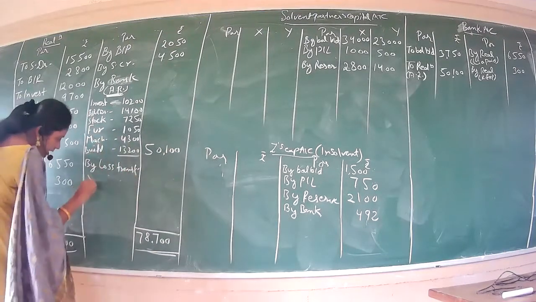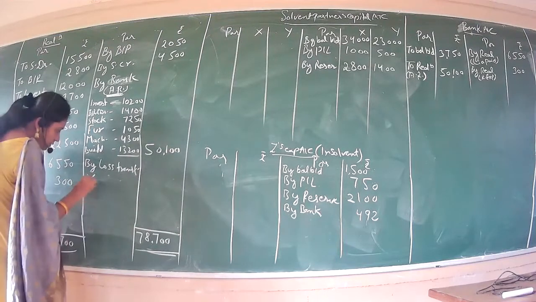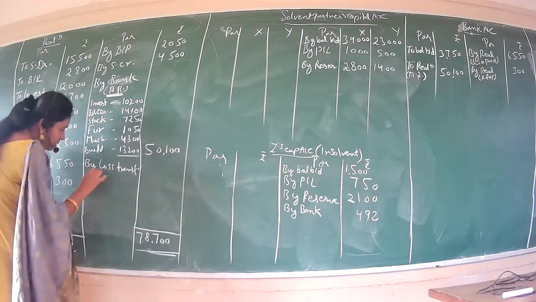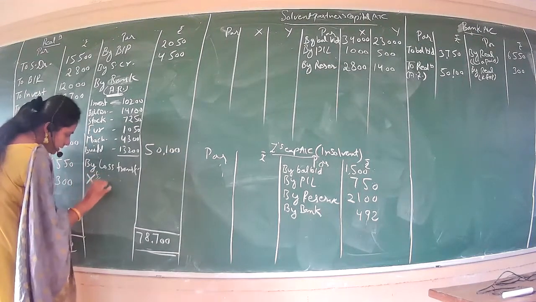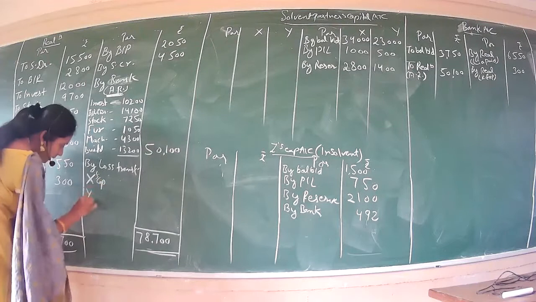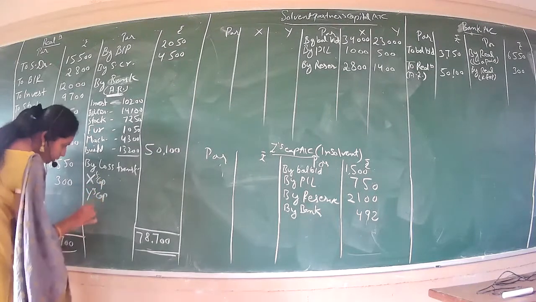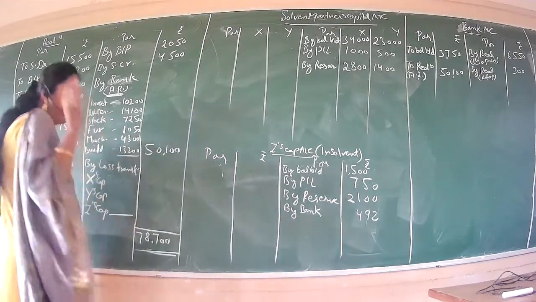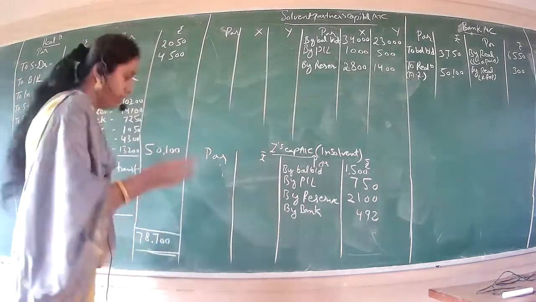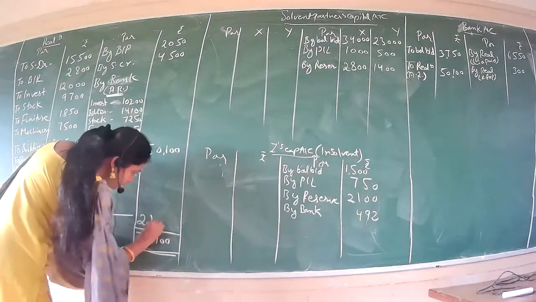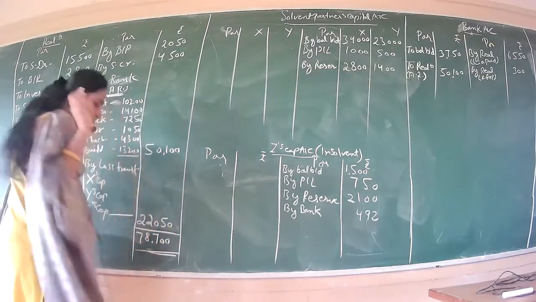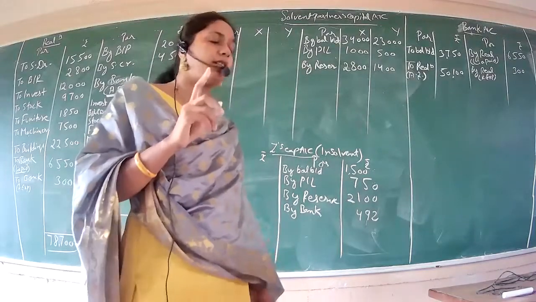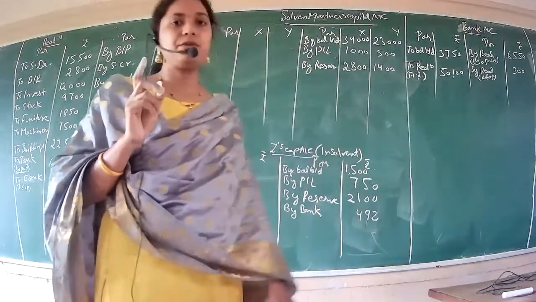Who are the three partners? Remember, your realization loss we have to share among all the three partners irrespective of their solvency or insolvency. It doesn't matter here. So three partners X, Y and Z. The total amount of your loss is 22,050 rupees, which we have to divide among these three partners in the ratio of 4:2:3.